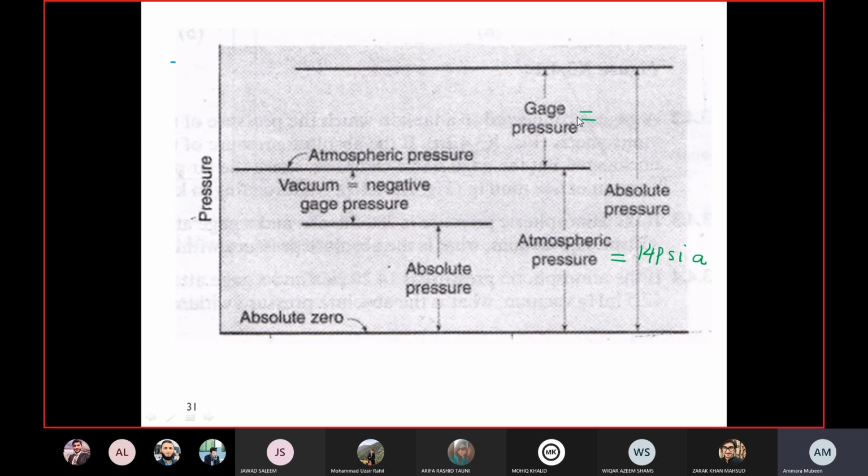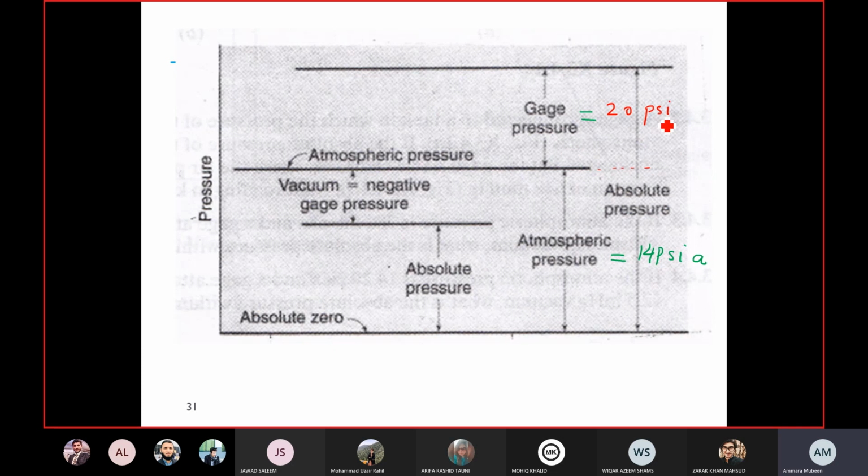Okay, if the gauge measures the pressure as 20 psi, that 20 psi has as its reference line the atmospheric pressure line. The gauge measures above this atmospheric pressure.